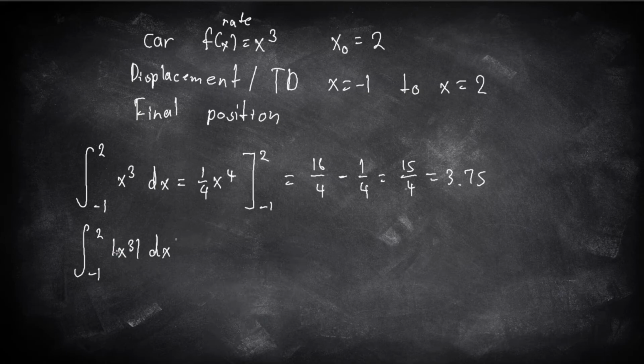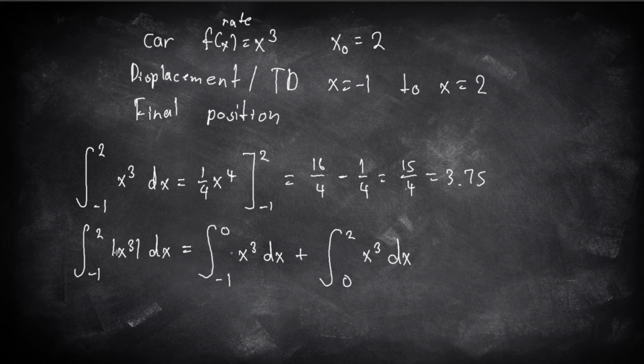So basically, we can rewrite this as the integral. The negative ones go from -1 to 0, of x cubed dx, plus our positive version, which goes from 0 to 2, and that's still x cubed.